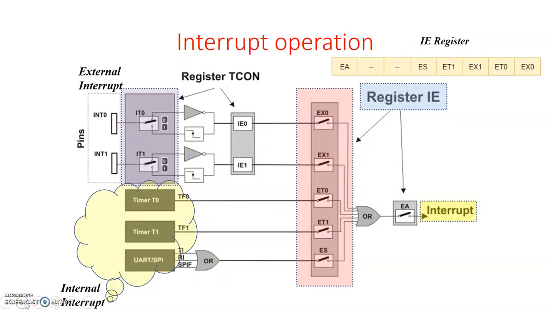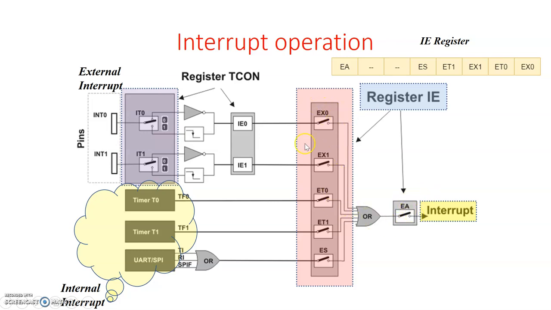Okay, and this diagram basically explains how interrupts work in the 8051. So EA, as I told you, if this is 0, then no interrupt will be acknowledged. So this needs to be 1.